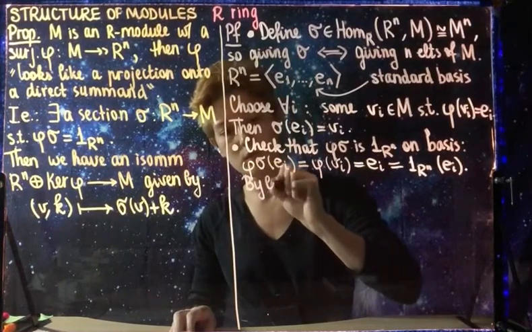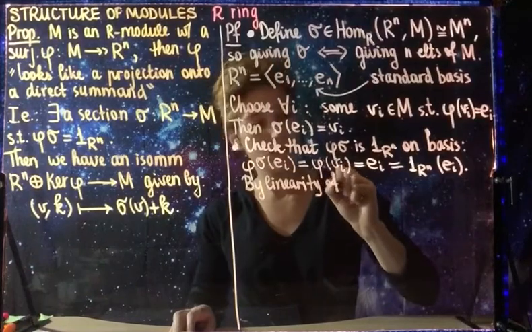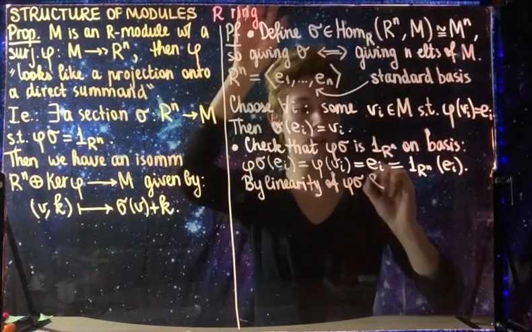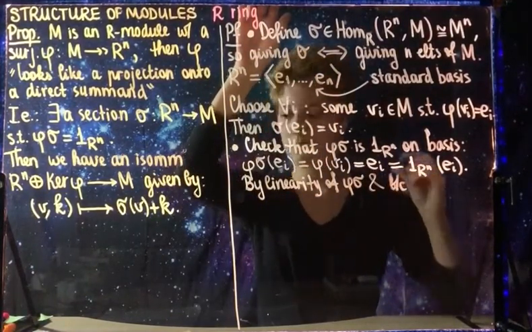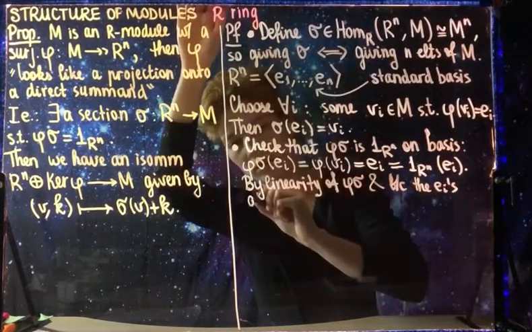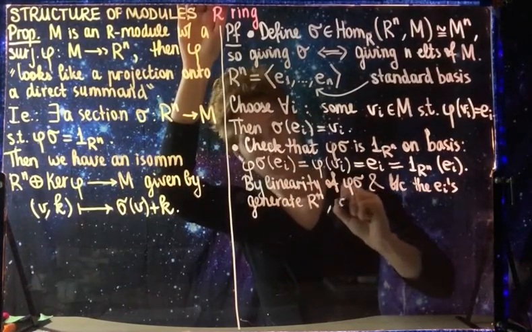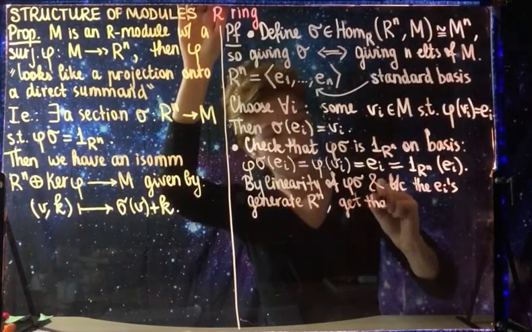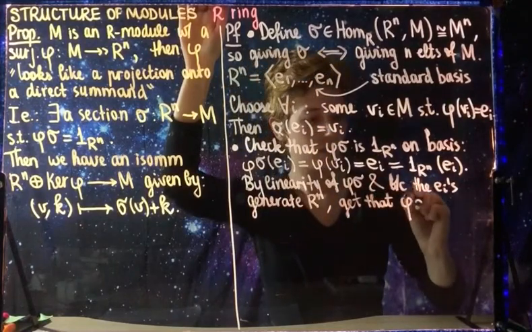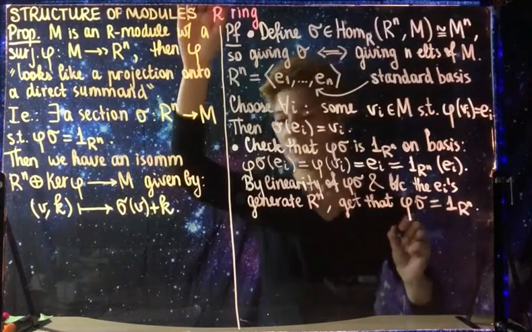So, by linearity of phi sigma, and because the ei's generate R^n, we get that phi sigma is equal to the identity homomorphism.